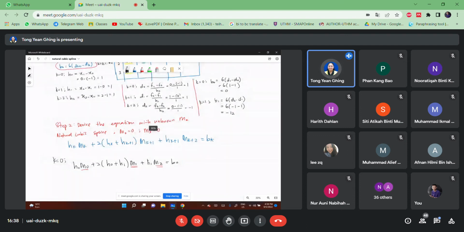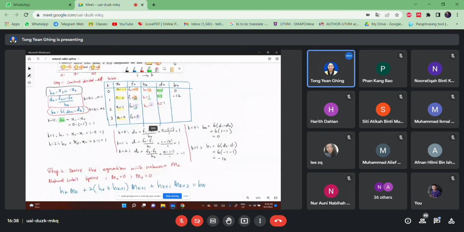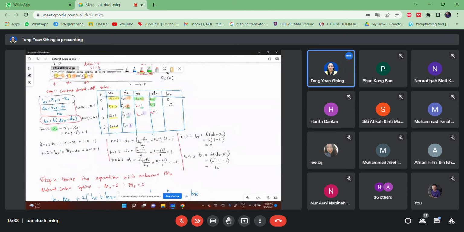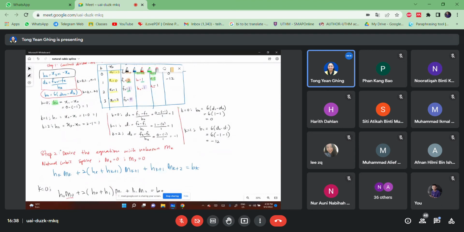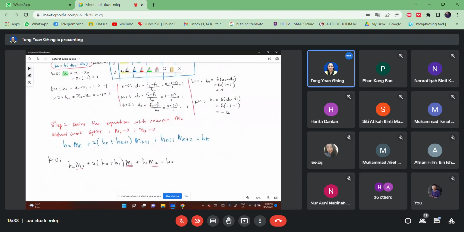So go back to just now. Just now we calculated H. We got H is 1. So substitute the value of H, 1. This one is M0 which is 0, plus 2 times H0 which is 1, plus H1, H1 is 1 as well. And then M1 we don't know, that is an unknown.